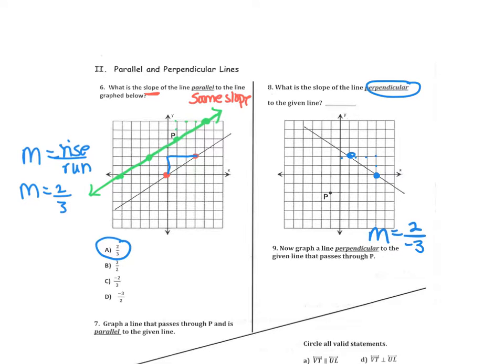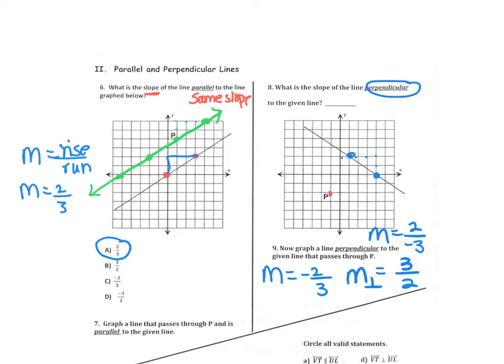Now the second part says graph a line perpendicular going through P. Well, if my first slope is negative 2 over 3, then my perpendicular slope is the negative reciprocal. First one is negative, so this one needs to be positive, and this will be 3 over 2. So from P, I'm going to use the slope 3 over 2.